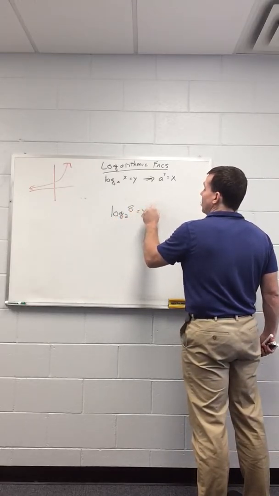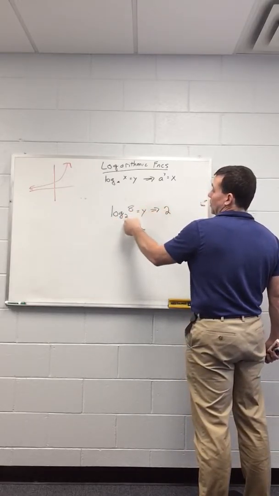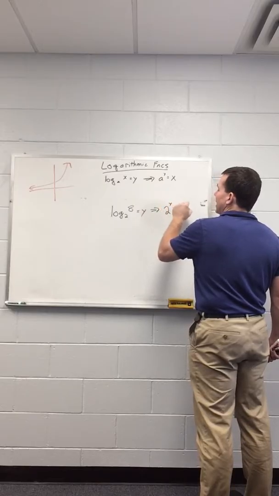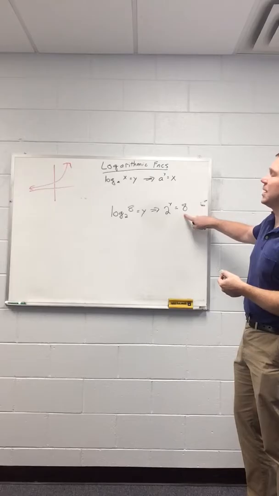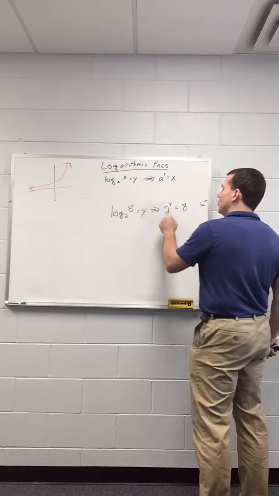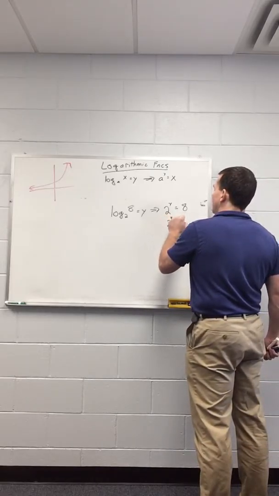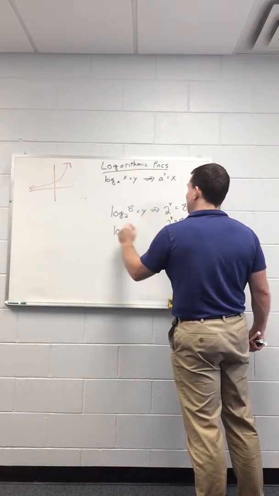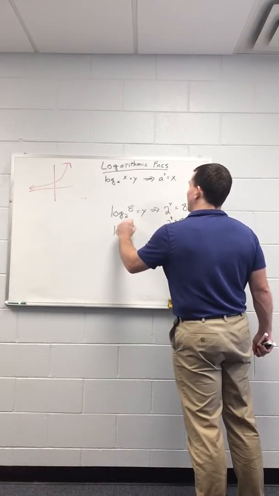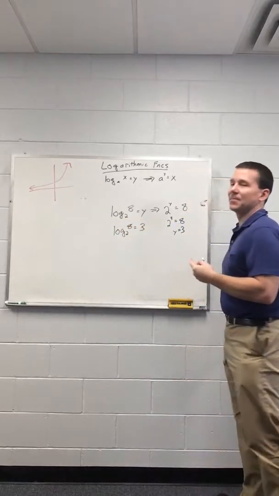Log base 2 of 8 equals y means 2, the base, to the y equals 8. Now we say, what power do I raise 2 to get 8? 3, because 2 cubed is 8. So y is equal to 3, so log base 2 of 8 equals 3.